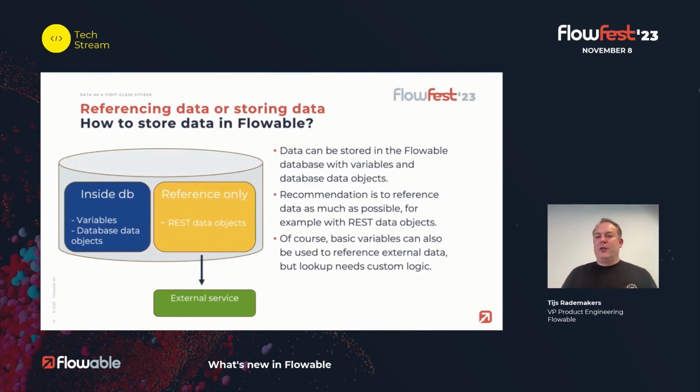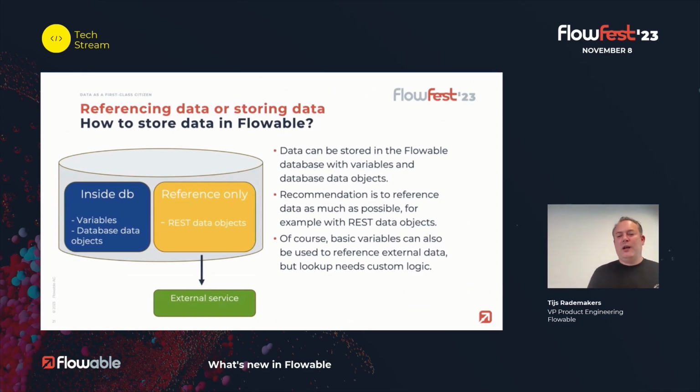And then there's a big difference between referencing data and storing data in Flowable. So by default, if you use a variable, for example, or a database data object, the data gets stored within Flowable. And for some data, that's of course needed because you need it to run your case and process. But our recommendation is to reference data as much as possible.